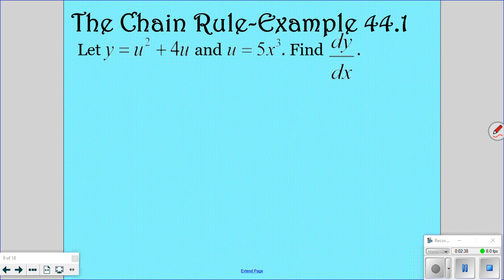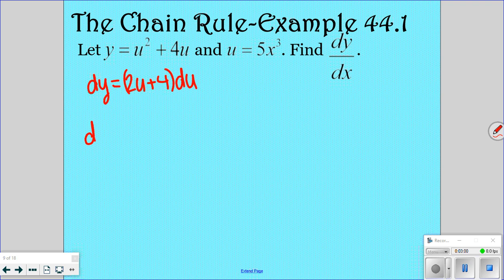Okay, so we're going to use chain rule to find this one. It wants us to find dy over dx. So we're just going to take the differential of each equation. So the differential would be dy equals 2u plus 4 du, because both of those had u's in them.